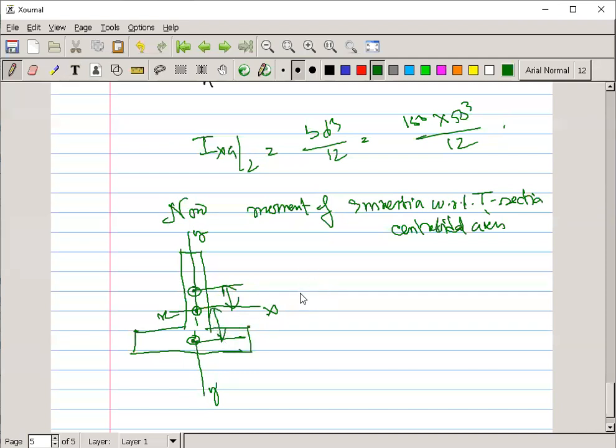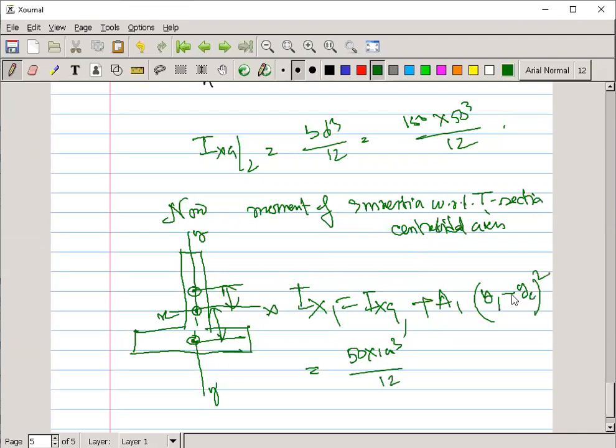So I of x for 1, which is I of xg1, in our problem is 50 into 100 cube by 12 plus the area of that one into the distance between these two sections, which we can write as y1 minus yc whole square, that is a h square. So h is the distance between the two axes.